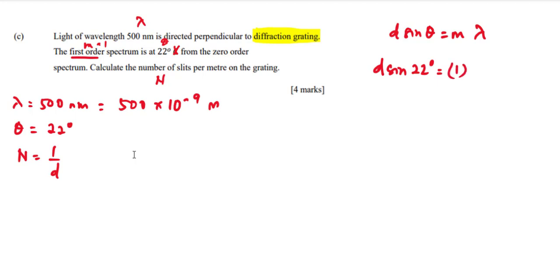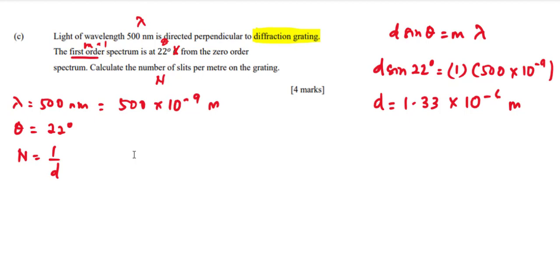Lambda is 500 nanometer. So we get d equals 1.33 times 10 to the power of negative 6 meter. After you get the d, we can use the formula 1 over d to get the number of slits per meter.